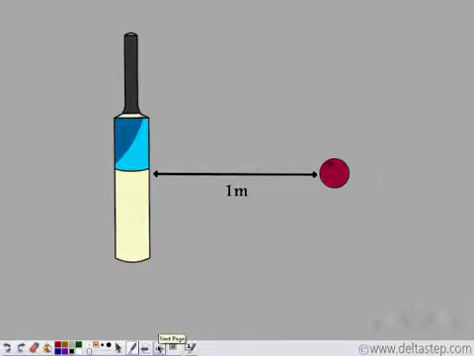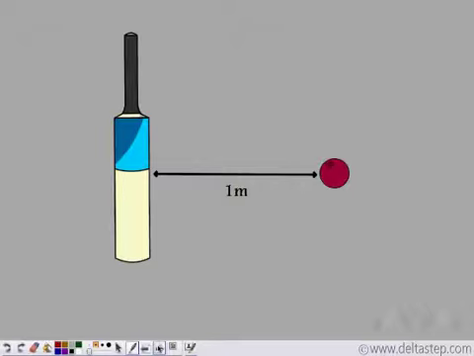Now if all objects attract each other, then would we expect that this bat would attract this ball and the ball would vice versa attract the bat in such a way that they would come close to each other over time? Well, let's find out the force with which these two attract each other.